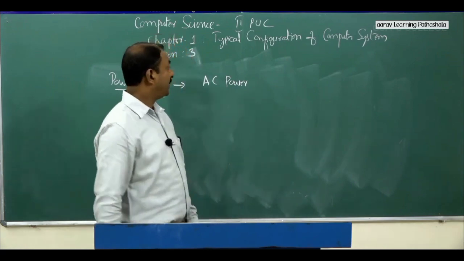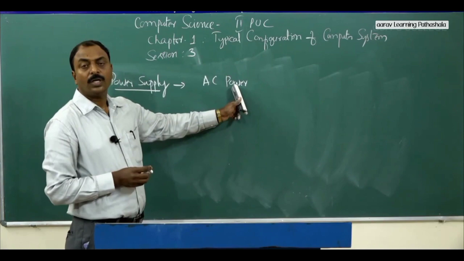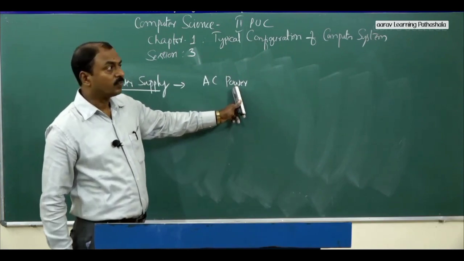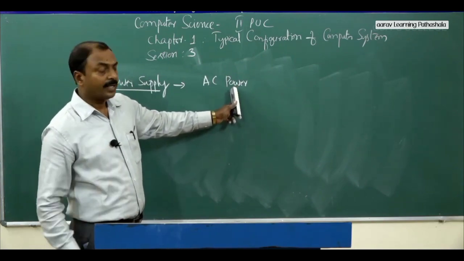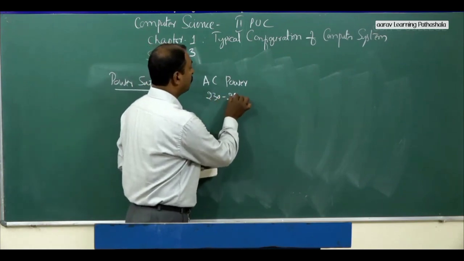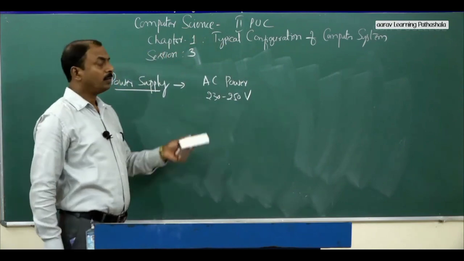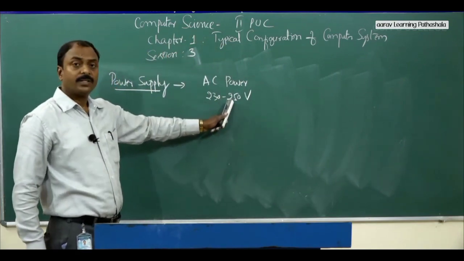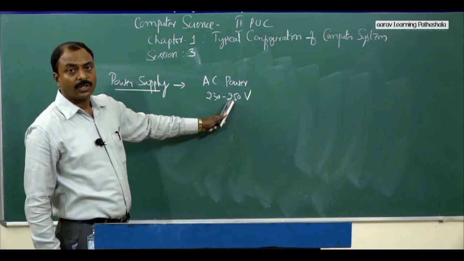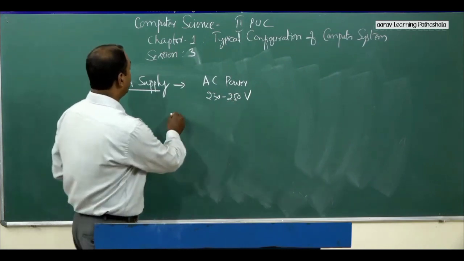On the rear side of the CPU, you are going to connect AC power, that is the current or power that comes from your electricity plug. This is around 230 to 250 volts of power supply.